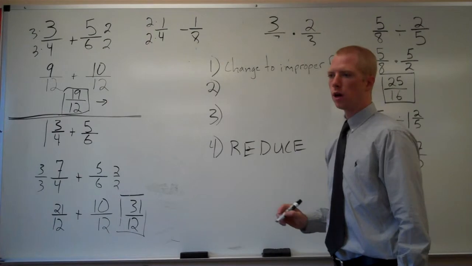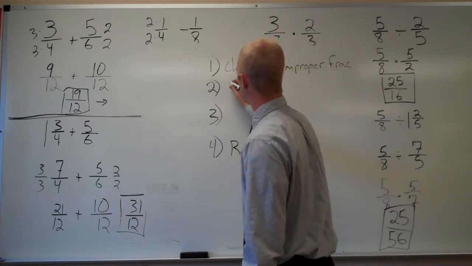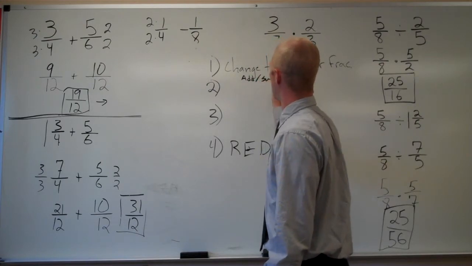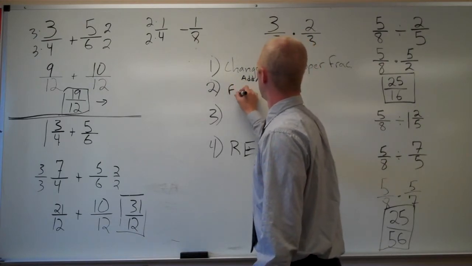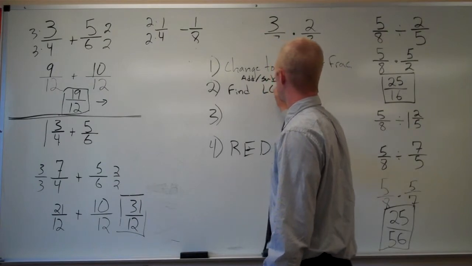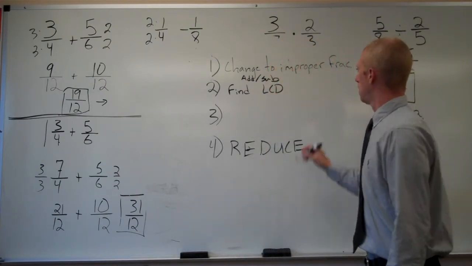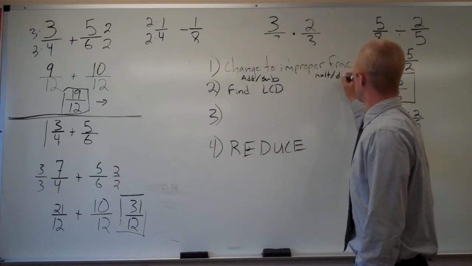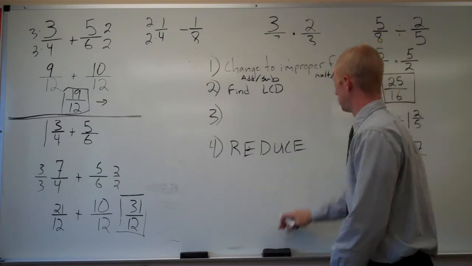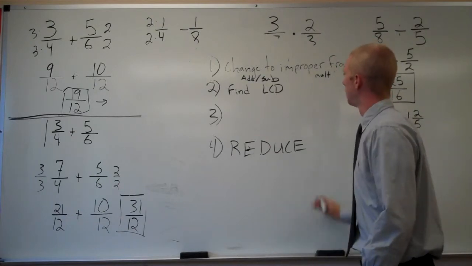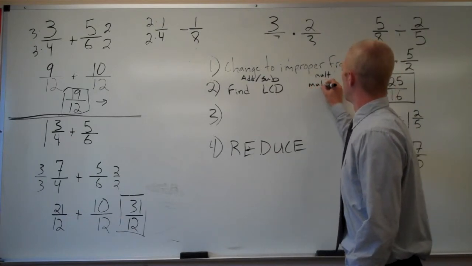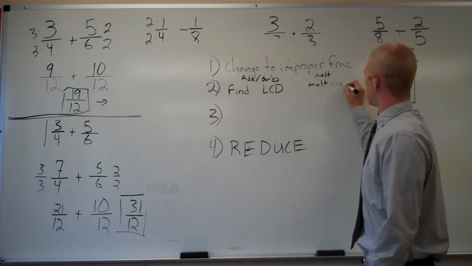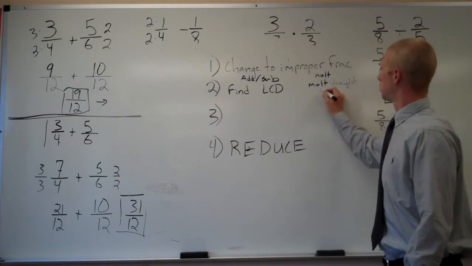If you're adding and subtracting, step 2 should be find your least common denominator. If you're multiplying and dividing, well, if you're multiplying, let's go with just that. Multiply straight across.